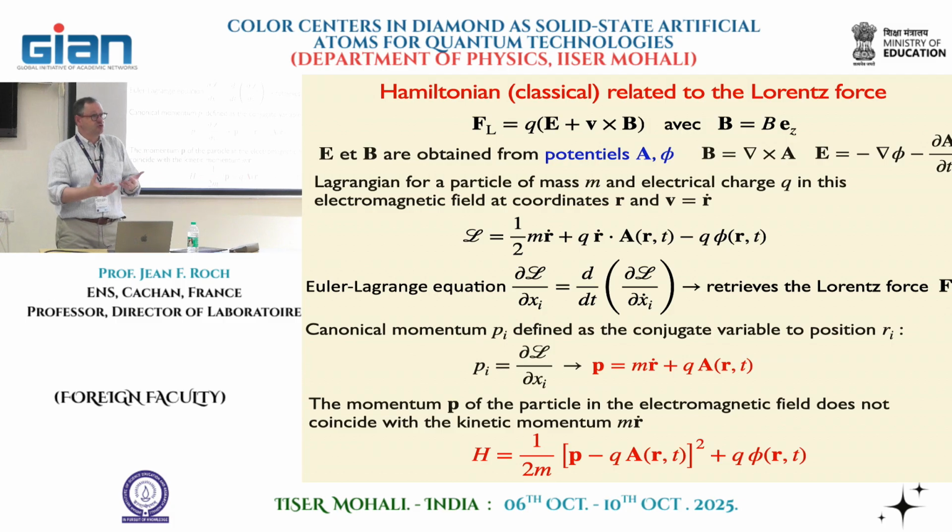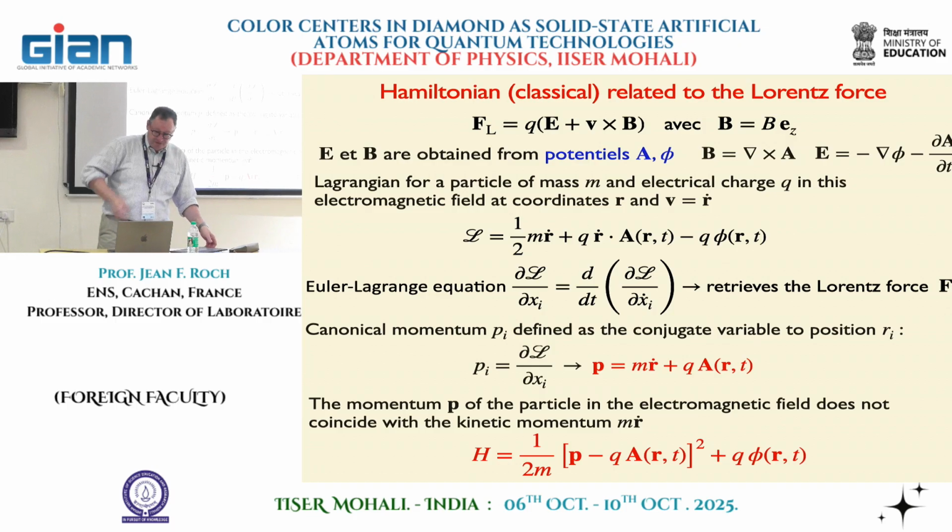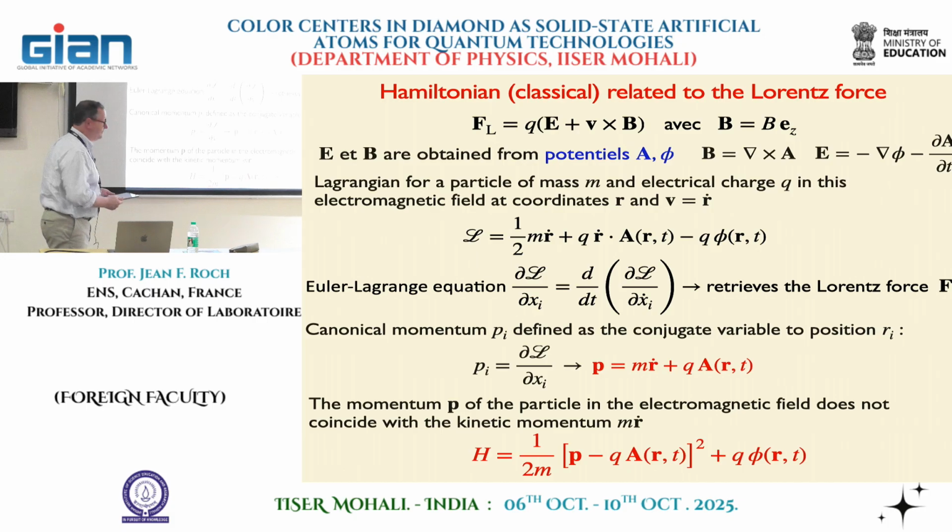Now what I need to do is to see how the magnetic field will influence the quantum states. So for that, we need to get the Hamiltonian. And to get the Hamiltonian, this is not very difficult, but somehow it's a reminder, so I would skip that.